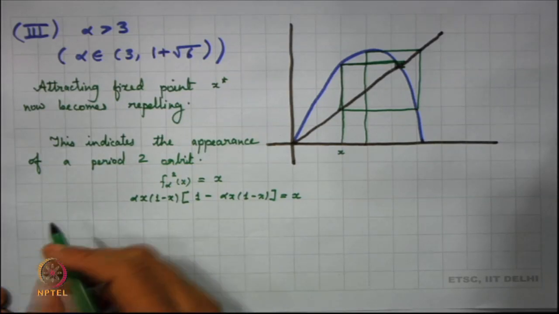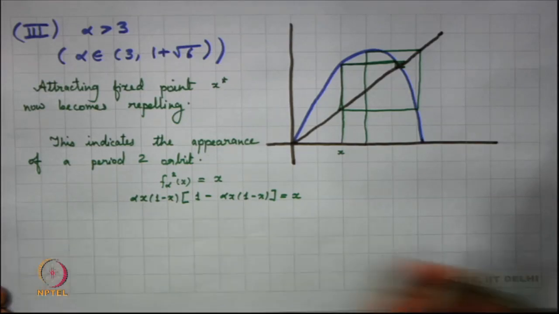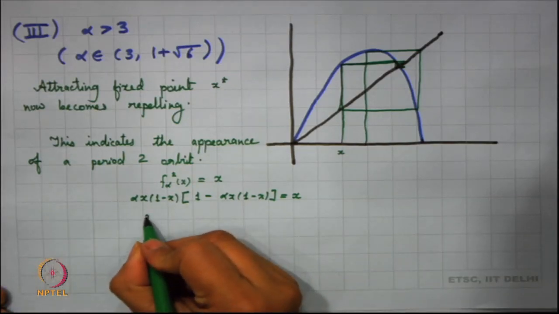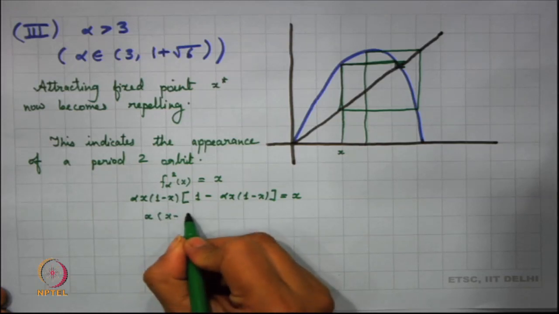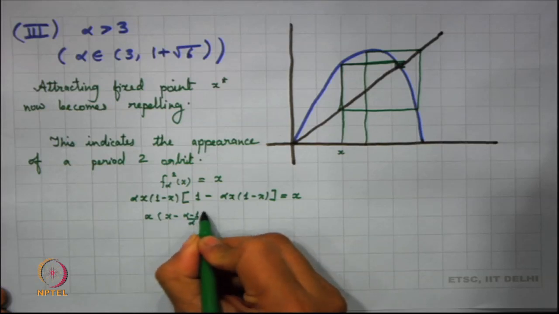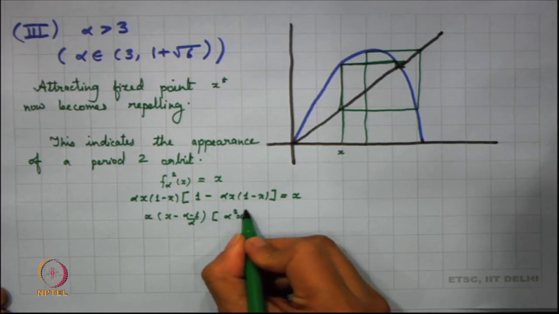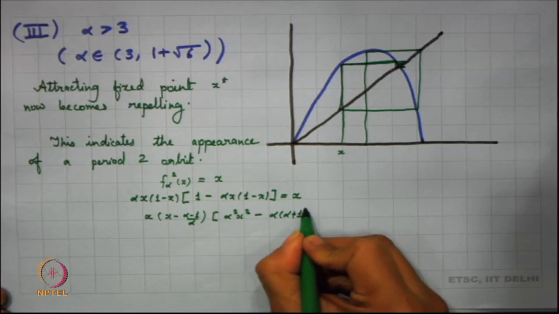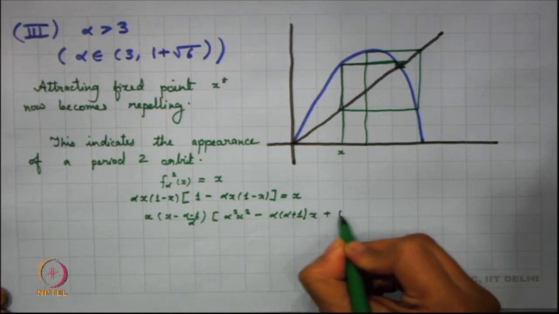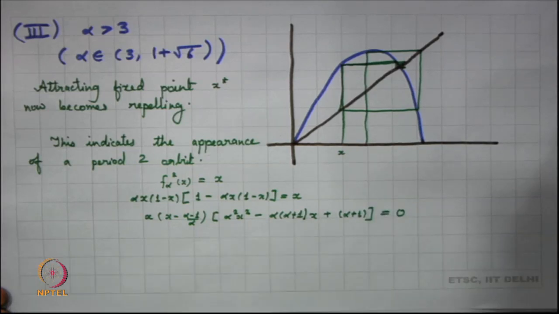Trying to simplify this equation, I definitely have x common. I can also say that x minus alpha minus 1 by alpha is another common part, and the third part is alpha square x square minus alpha times alpha plus 1 into x plus alpha plus 1, equal to 0. So, you can simplify this equation in this particular form.